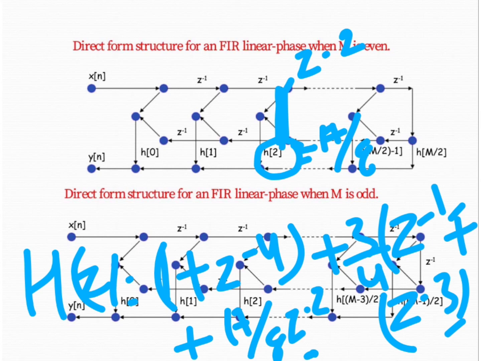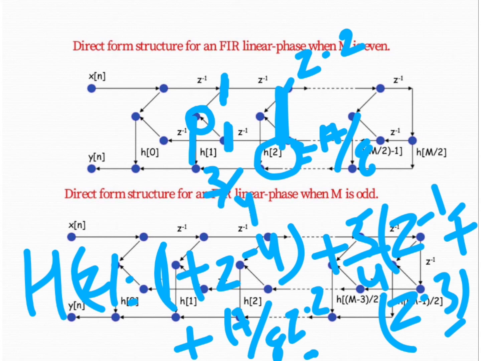Likewise for z to the power minus 3 and z to the power minus 1. This is the output of z to the power minus 1, and this is the output of z to the power minus 3. Both are connected with the help of this adder, and the output is multiplied by the multiplier component which is 3 by 4.